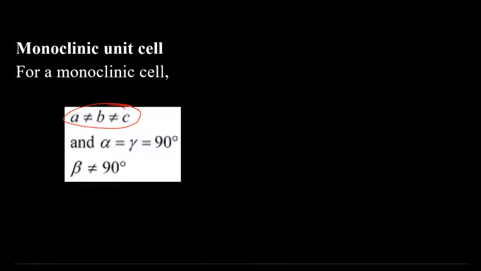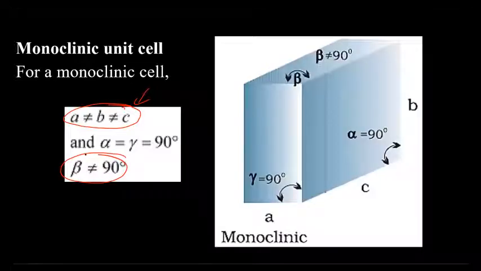Triclinic is easy to remember. From that, move to monoclinic. Sides, same thing, nothing equal. But beta is not 90 degrees. It means alpha and gamma equal 90 degrees. The diagram is just for clarification. Even if you don't draw the diagram, you will get full marks. You need to remember the configurations only.